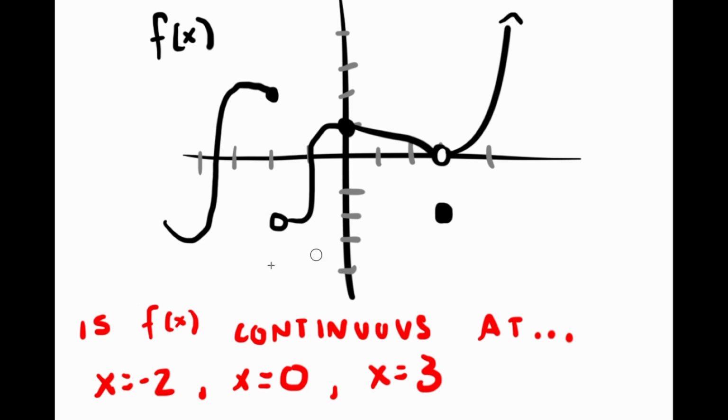Is f of x continuous at x equals -2, x equals 0, and x equals 3? Take a second to think about it based off what we learned before and try to answer for these three individual values.